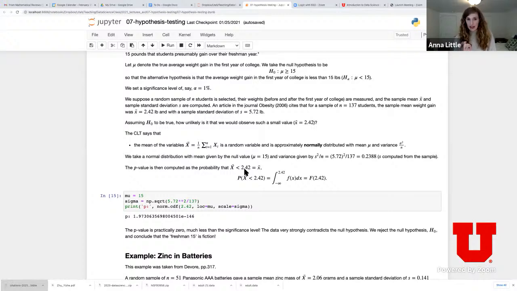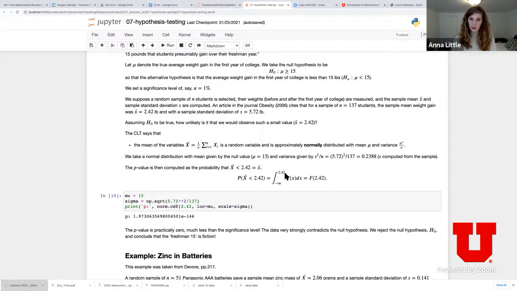The probability that we would observe in our random sample a sample average that is 2.42 or smaller. So the probability that this X bar is smaller than 2.42, I could have also put less than or equal to. Either way, the p-value comes out the same.